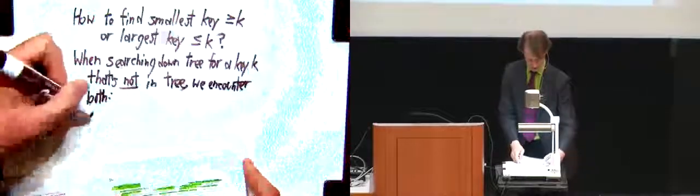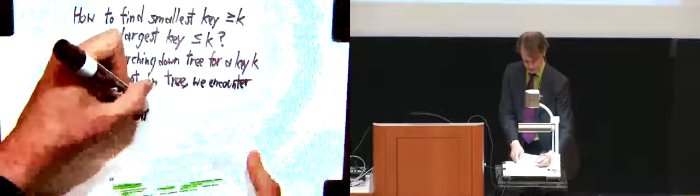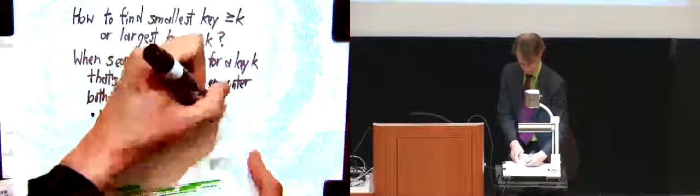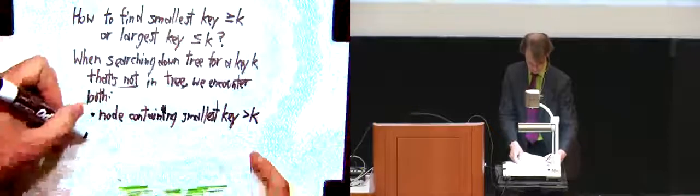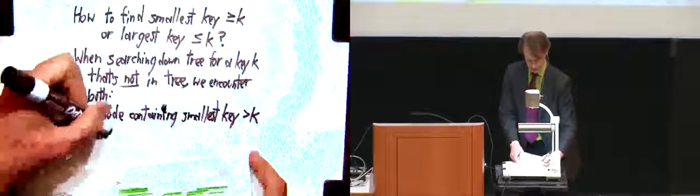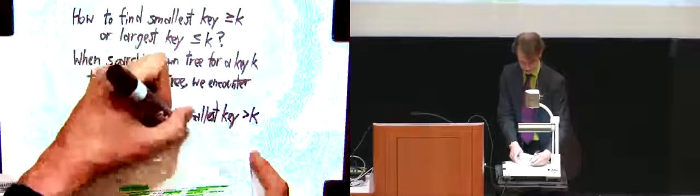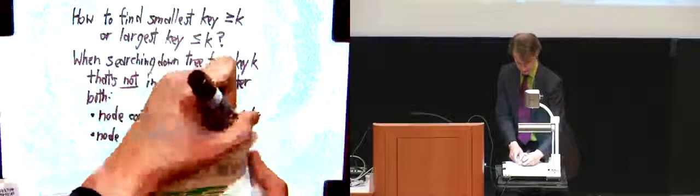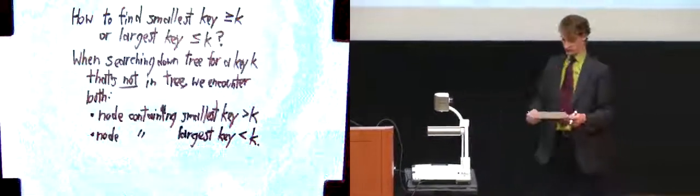We will encounter the node containing the smallest key that's greater than k. And we will encounter the node containing the largest key that's less than k. Both those things we will wander into.